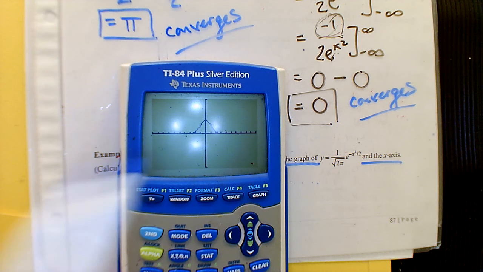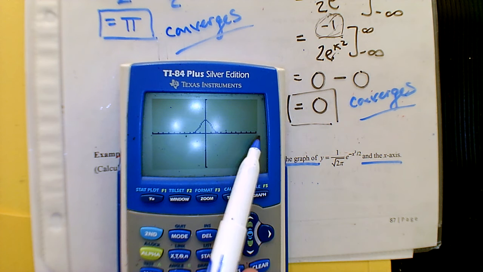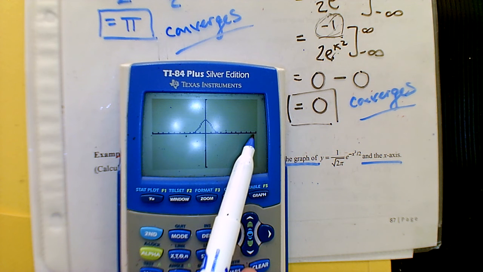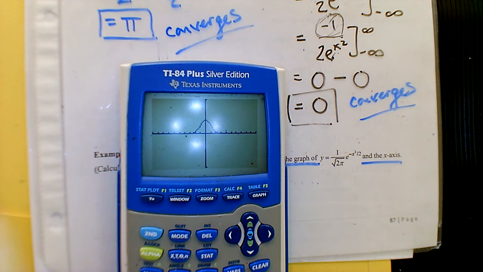Alright, so my window is -10 to +10 on the x-axis, but then -1 to +1 on the y-axis.